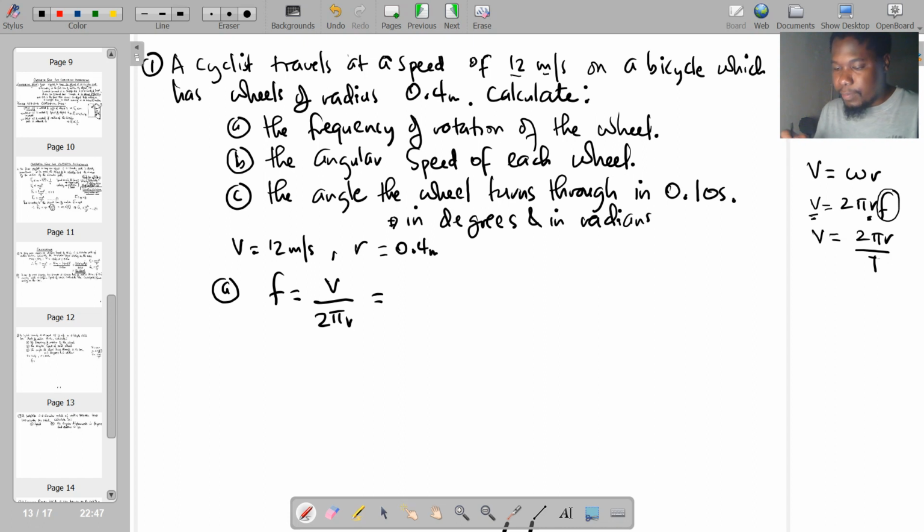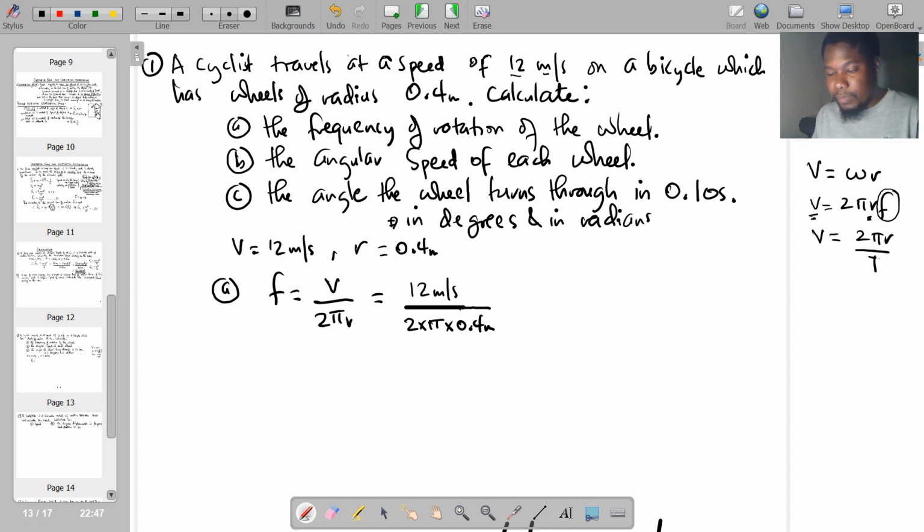So this will become 12 meters per second, that's what we write, divided by 2 times pi times 0.4 meters. Okay, and what we see is that everything is in the same unit. Every unit is in meters per second, the other one is in meters.